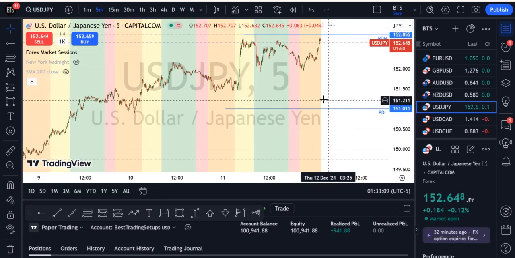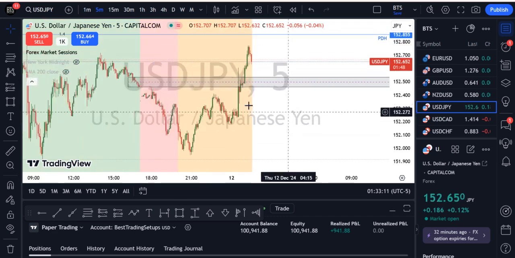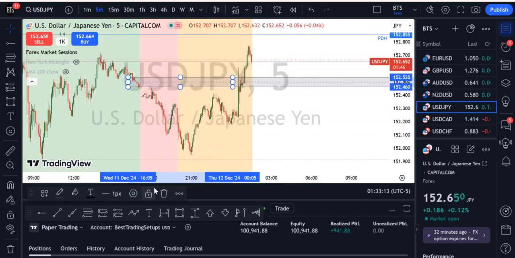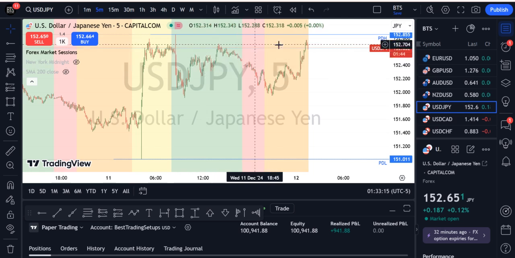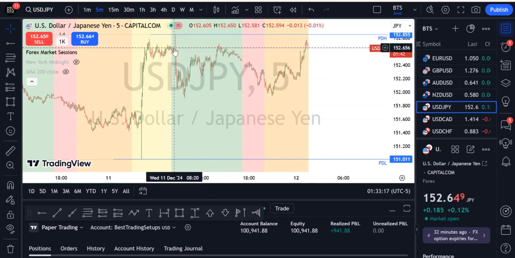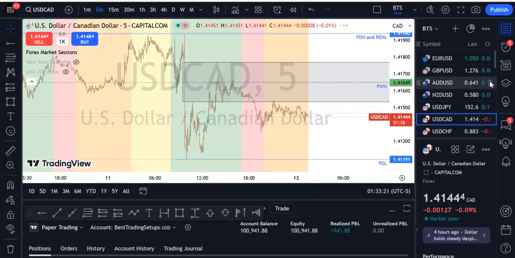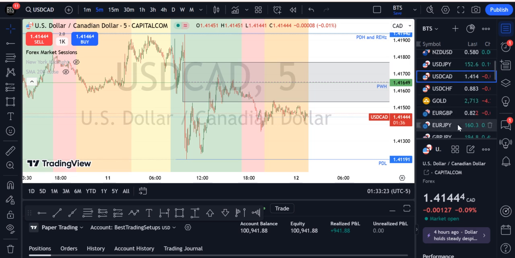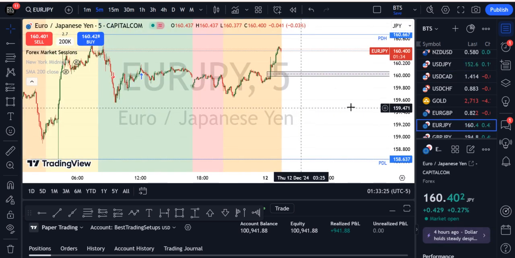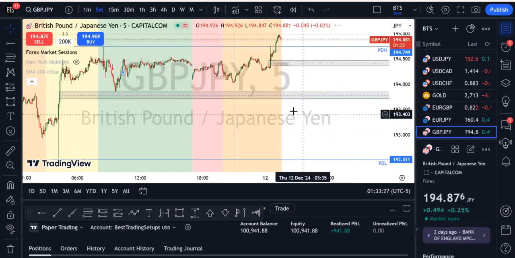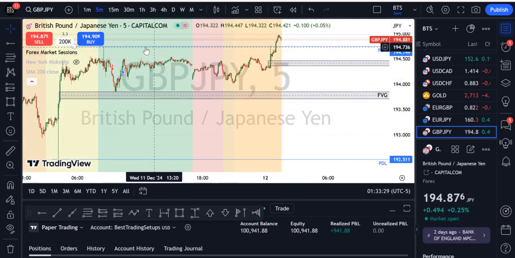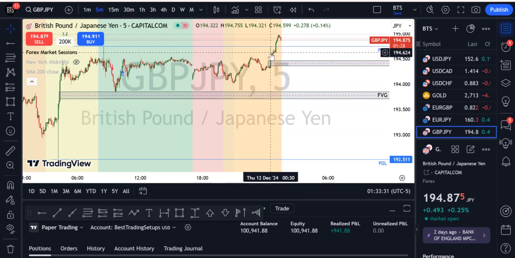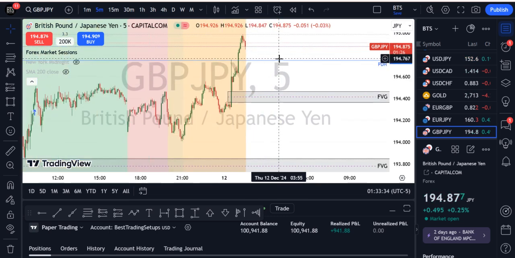Also, USD JPY, we are approaching previous day's high. Euro JPY also. GBP JPY would have traded into its previous day's high, yeah. So GBP JPY has traded into its previous day's high.